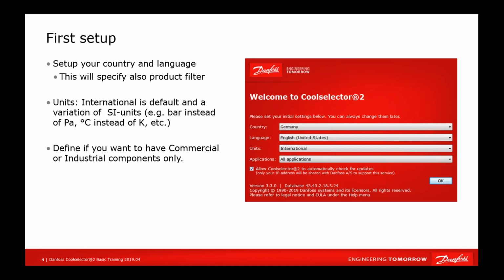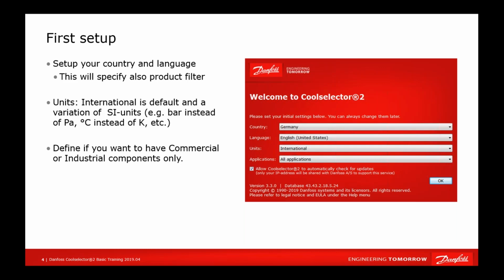In addition to that, you can put a tick mark to allow Coolselector to search automatically for updates. This helps you to keep Coolselector updated, which is quite important since we do a regular update every month. The last week of the month, we release an update that will have some corrections if needed, but also new components and new functionalities.